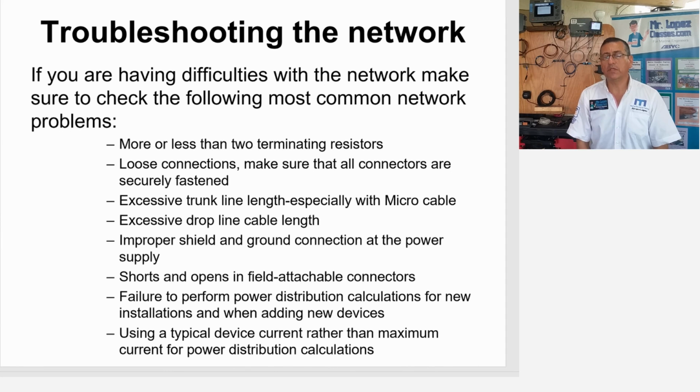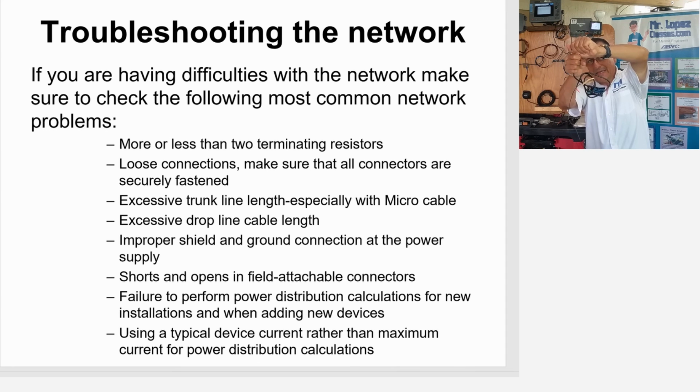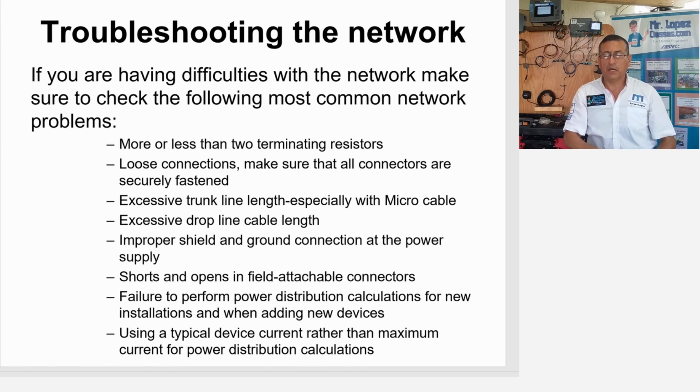Another common problem with the backbones and NMEA connection is loose connections. Verify that all the connectors are properly installed, no loose. Loose connectors allow the introduction of moisture, and moisture is the enemy of those cables.